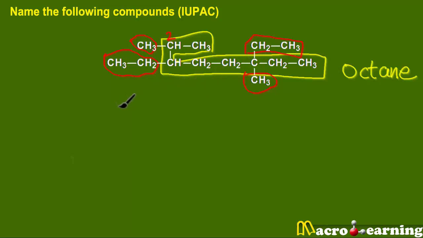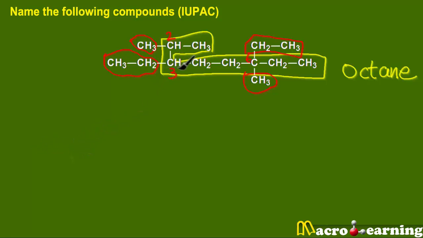So given that this methyl is on number 2, this ethyl is on number 3, and these two are on carbon number 4 and carbon number 6. So it's 2 ethyl groups. Ethyl will go in the front because of the alphabetical priority.